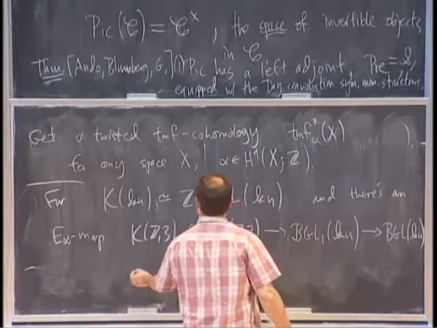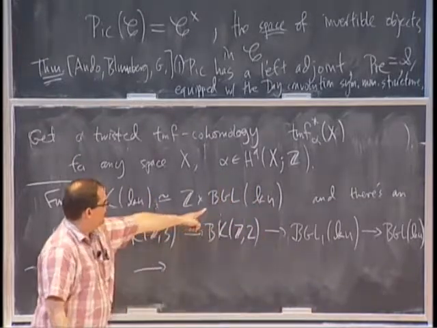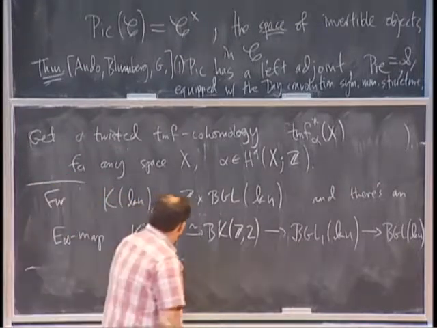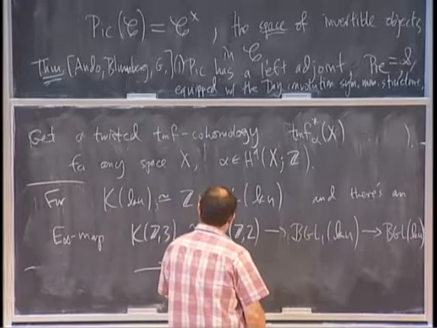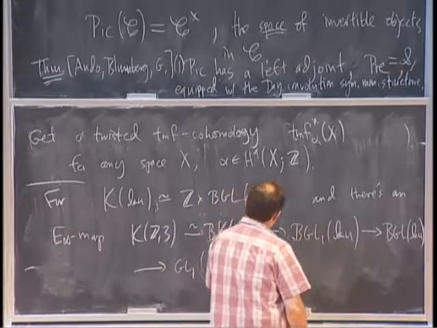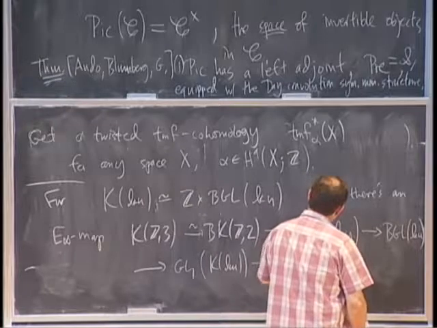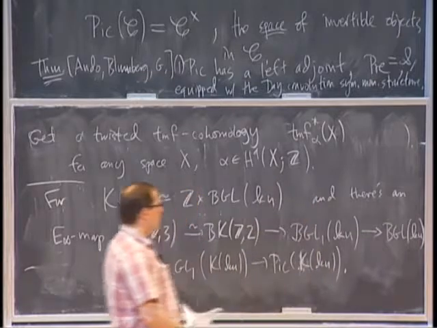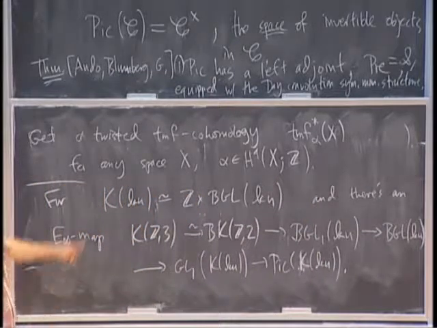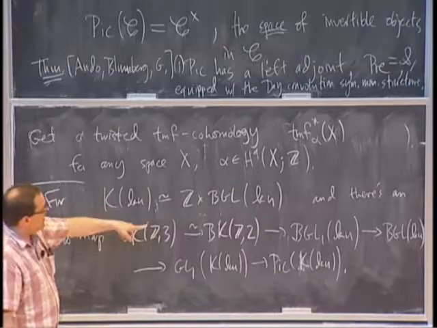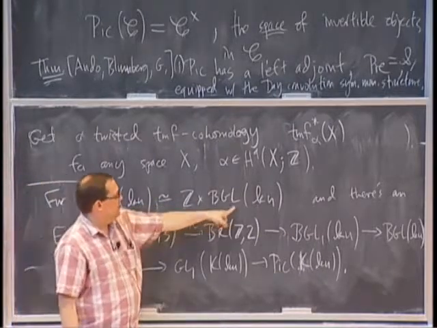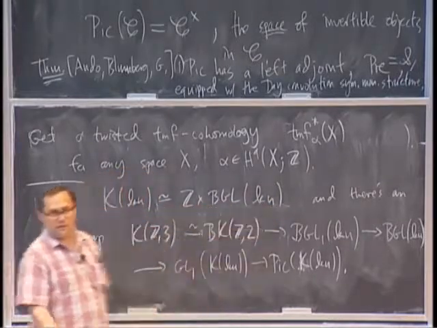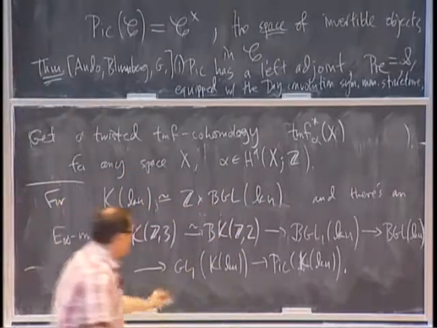The units in this are, let's just say it maps into GL1 of K of KU and hence into Pic of K of KU. Just because GL1 of this looks like the units in Z and this space with its multiplicative structure. In other words, it's using this equivalence.